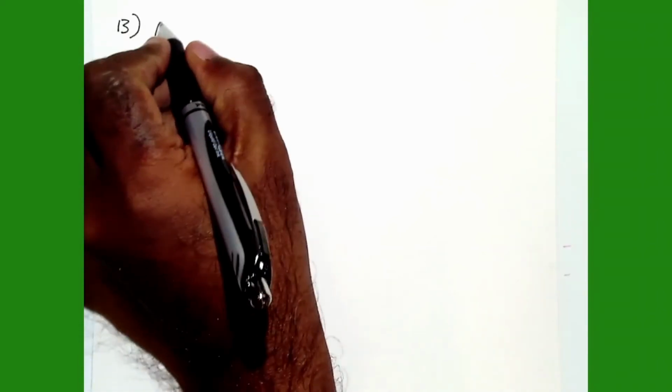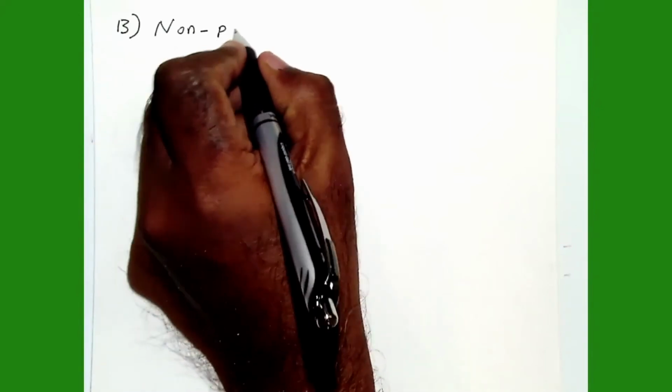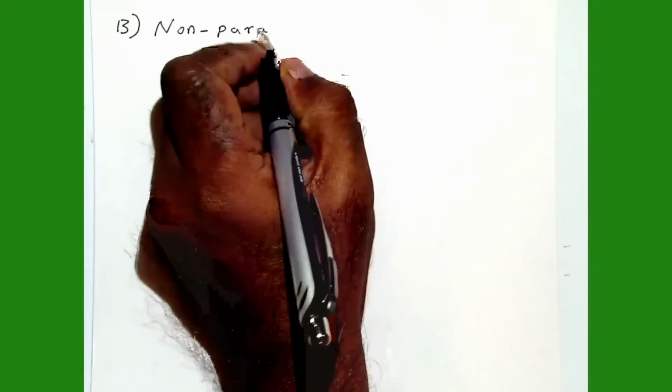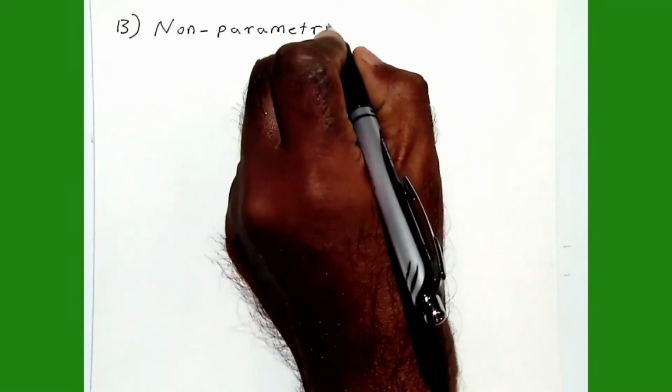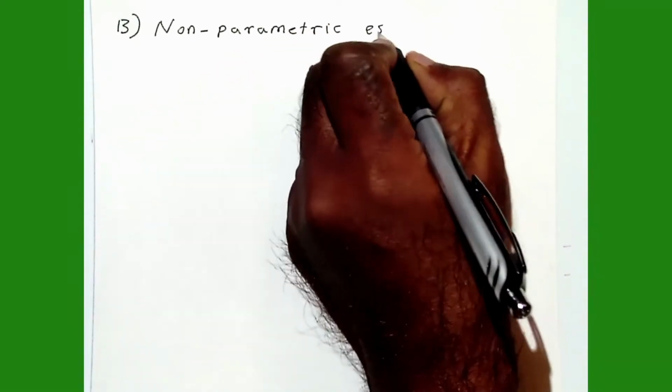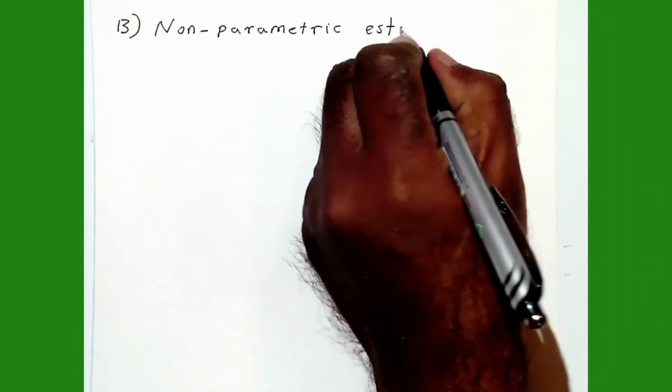In this video I will talk about non-parametric estimation methods for value at risk. So what it means is that we estimate VaR without assuming any distribution for the data.